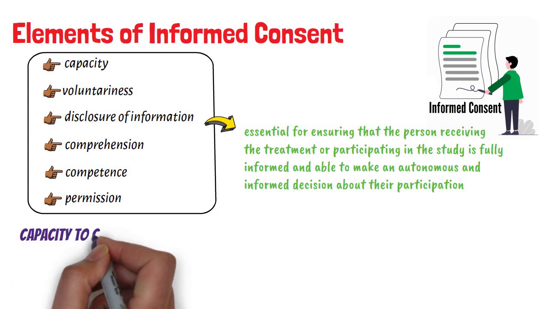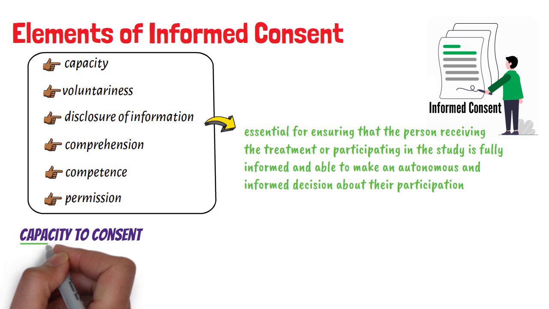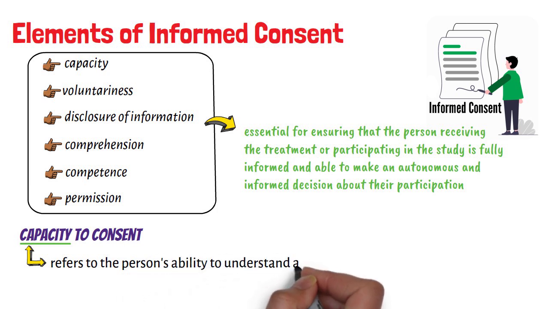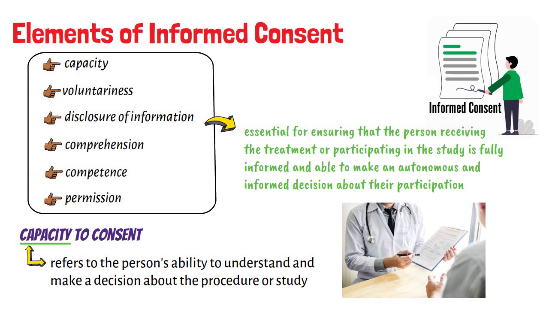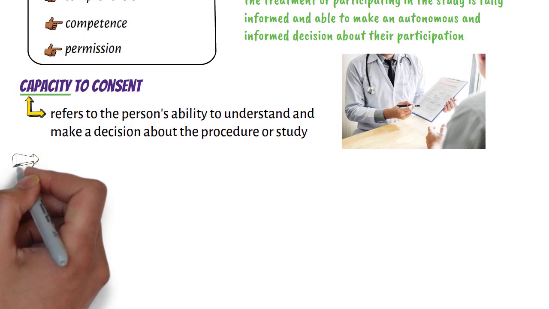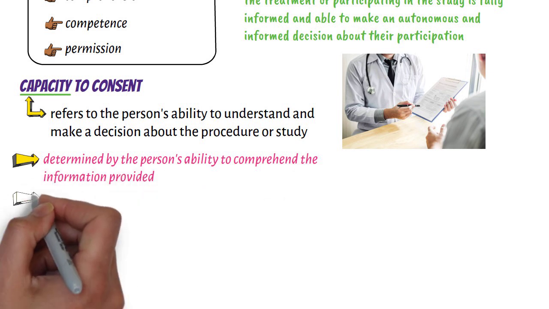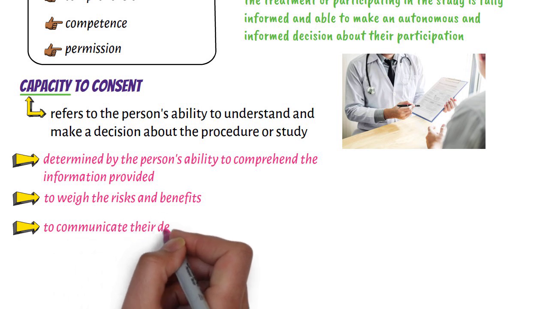First, the capacity to consent. The first element of informed consent is capacity, which refers to the person's ability to understand and make a decision about the procedure or study. Capacity is determined by the person's ability to comprehend the information provided, to weigh the risks and benefits, and to communicate their decision clearly.